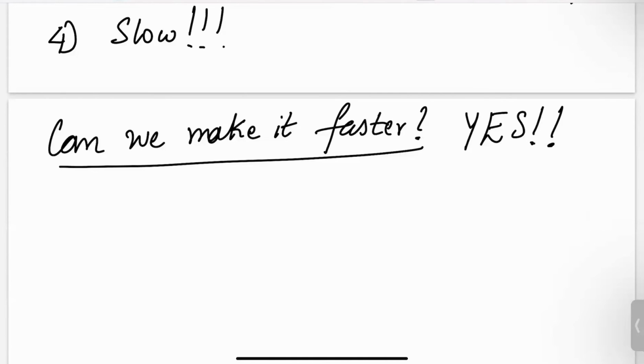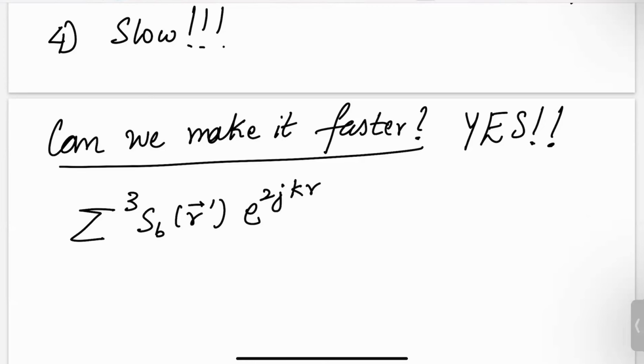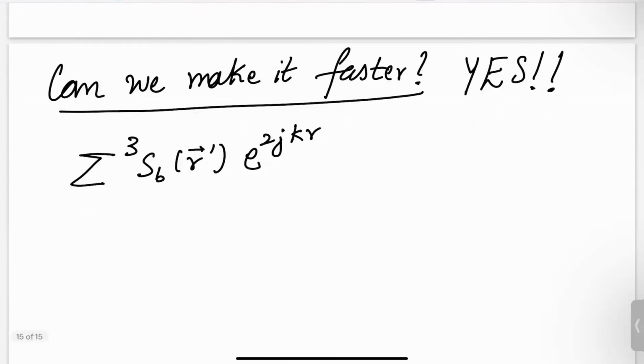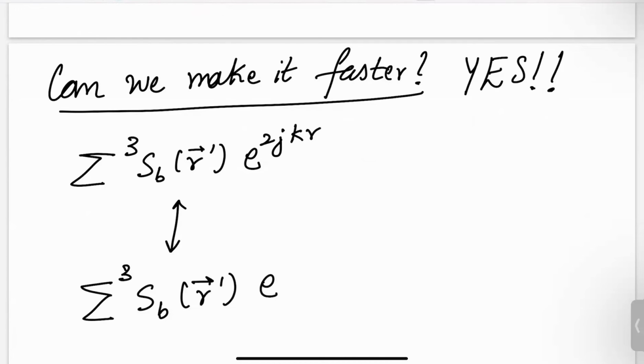So the intuition behind that is that we had this triple summation of s(x', y', z') e^(2jkr), right? Now, if you think about it, this looks awfully similar to a triple summation of s e^(j(kx x + ky y + kz z)), right?